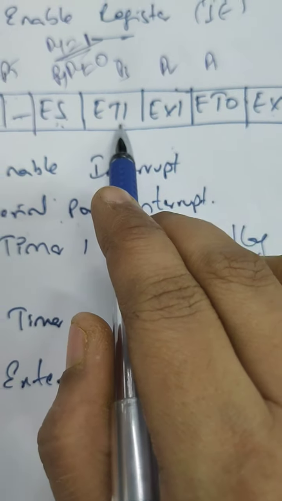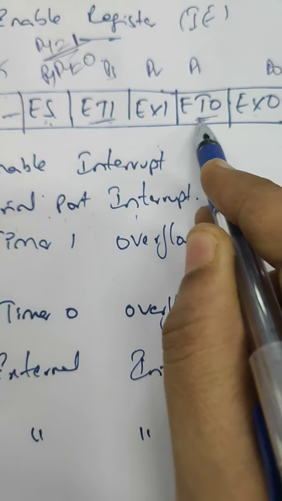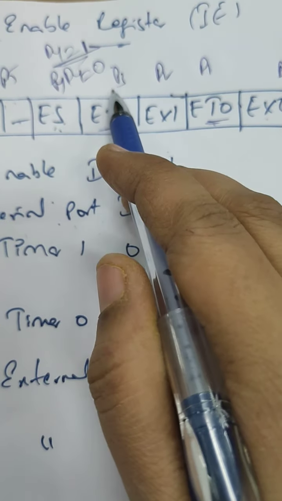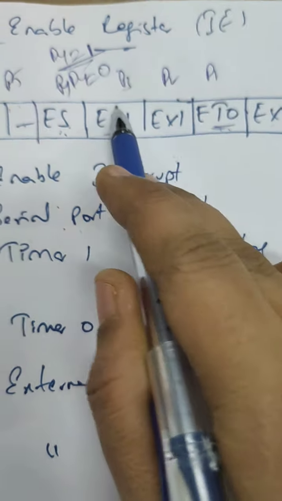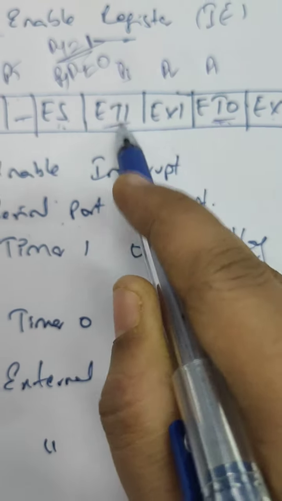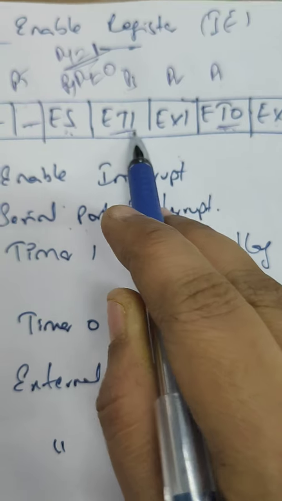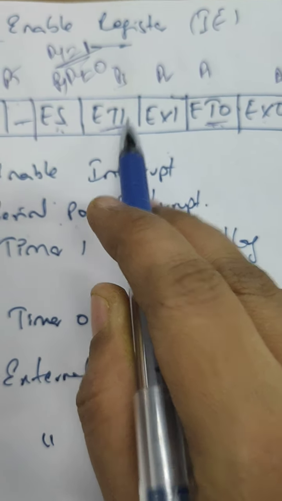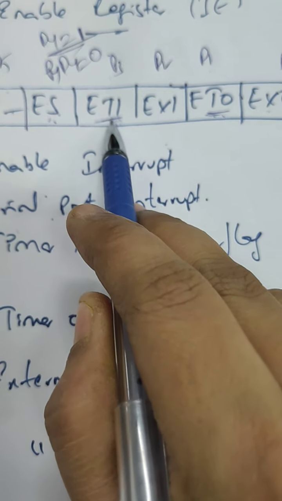So we have T1 and T0. T1 is meant for the D3 bit and T0 is meant for the D1 bit. Whenever this is set to 1, it is enabling the timer 1 overflow flag, you have to remember that. When it is set to 0, it is disabling the timer 1 overflow flag.